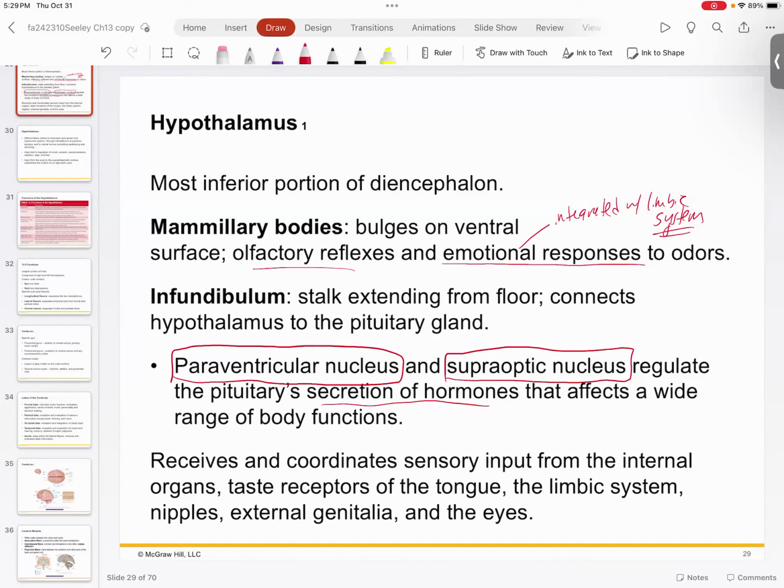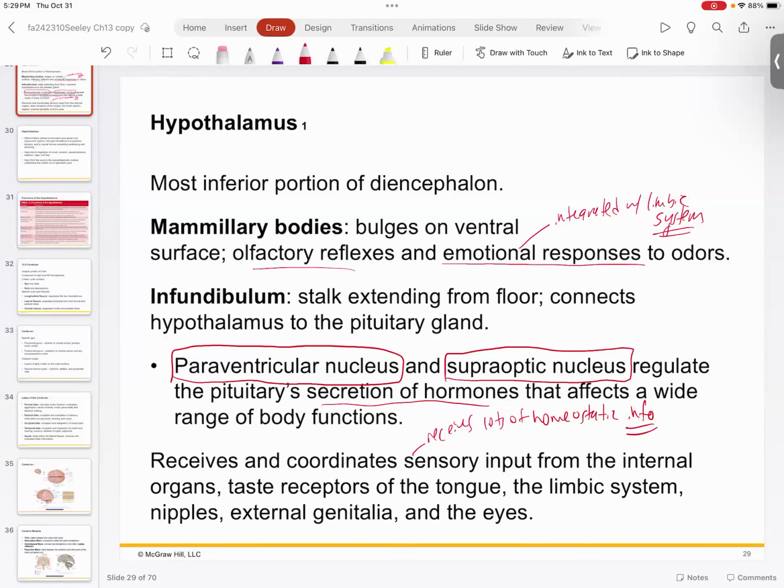The hypothalamus will be taking in a lot more information. So there's a lot of sensory information coming into the hypothalamus. So a lot of homeostatic information comes from the body to the hypothalamus.